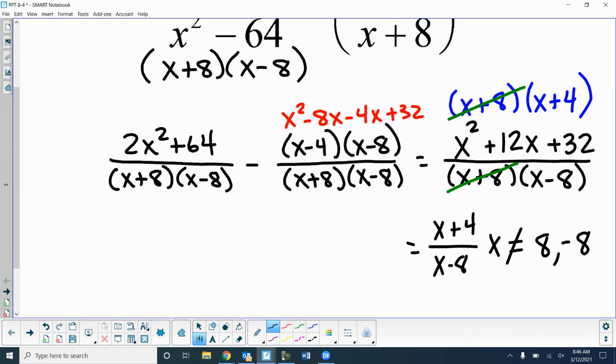So your answer is 3 over 4 times the quantity x plus 1, because the x's would have canceled. 35 is 5x minus 9 over, there's three binomials for our denominator: x minus 5, x plus 4, and x plus 3. So x cannot equal -4, -3, or 5.